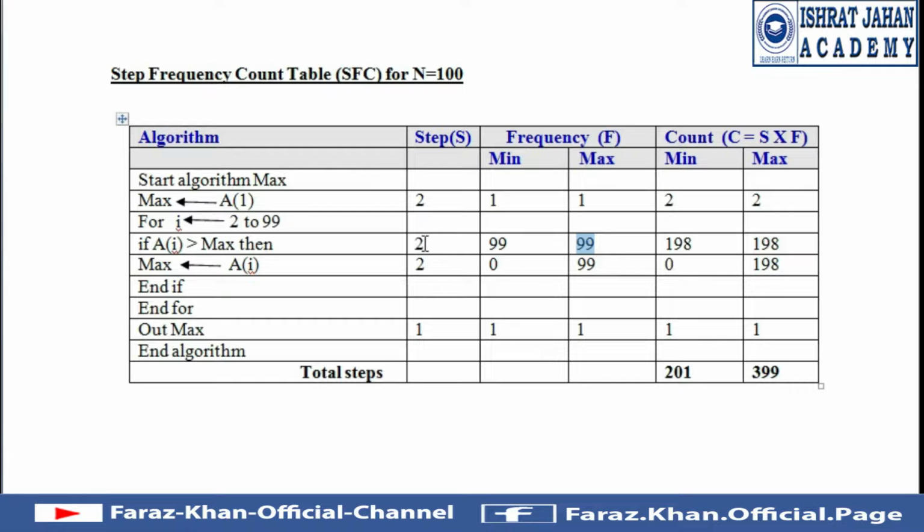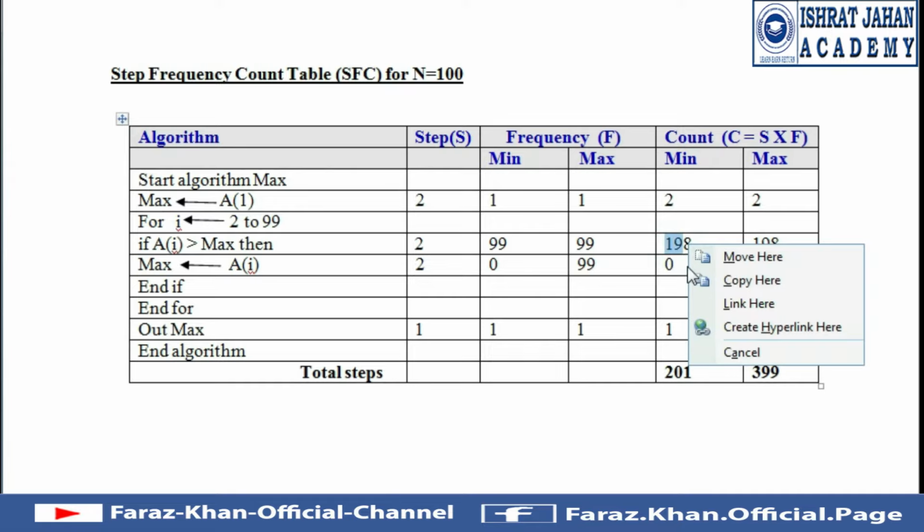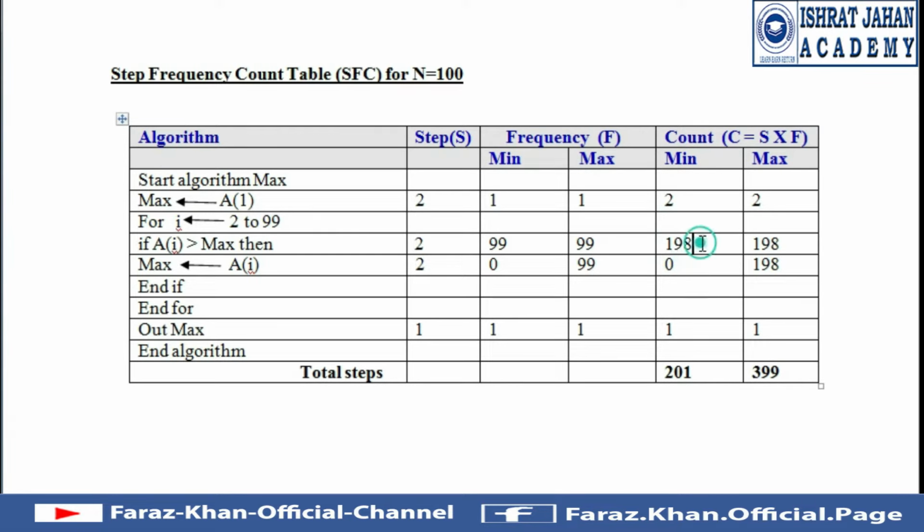So 2 multiplied by 99, it will become 198, and 2 multiplied by 99 in maximum, it will also become 198.